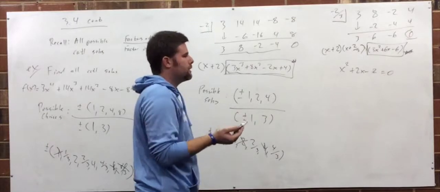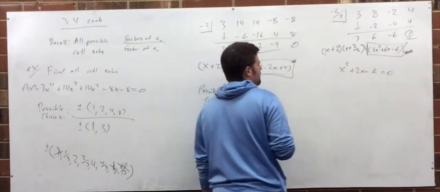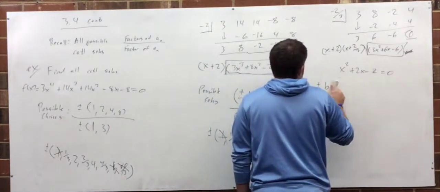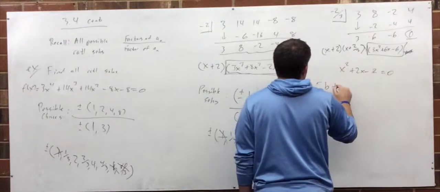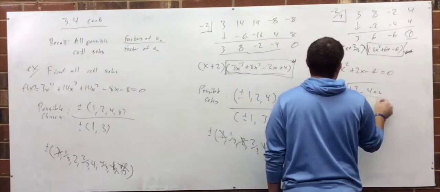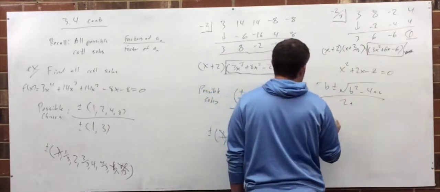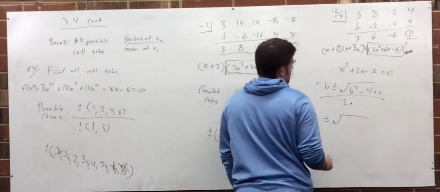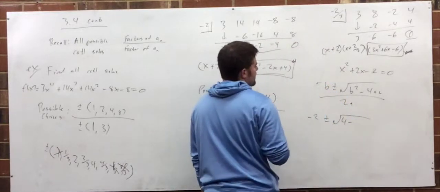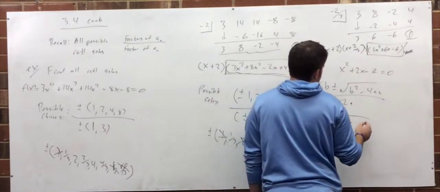To find zeros at this point, I wouldn't synthetically divide. I would just use my quadratic formula: -b plus or minus the square root of b squared minus 4ac, all divided by 2a. So plugging these in, I get negative 2 plus or minus the square root of 4 minus 4ac. Well, 4 times 1 is 4, times a negative 2 gives you negative 8.